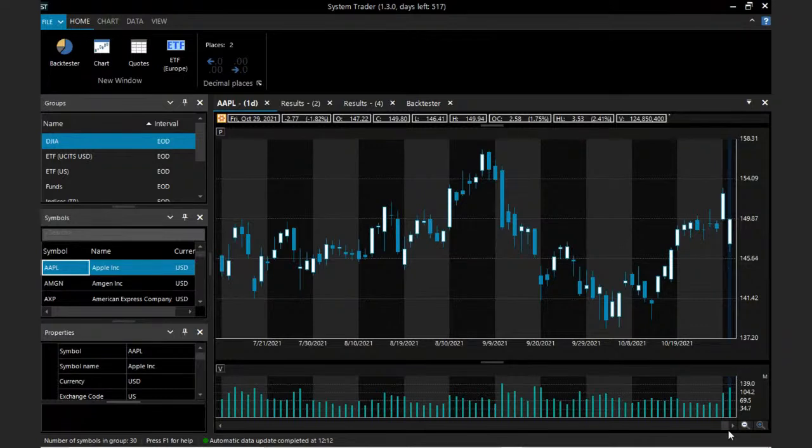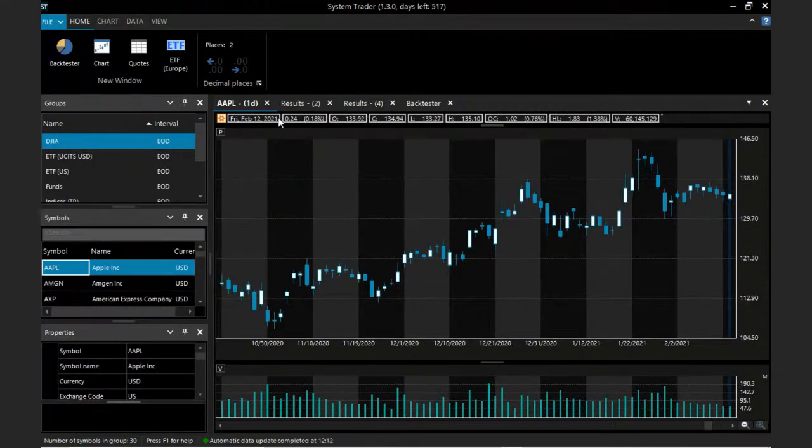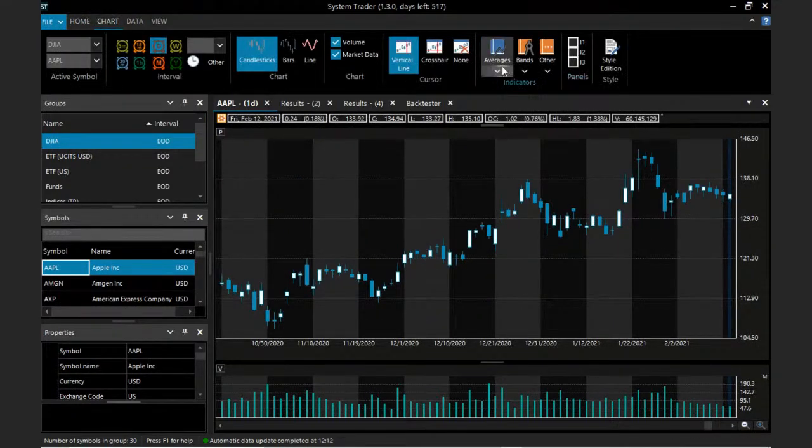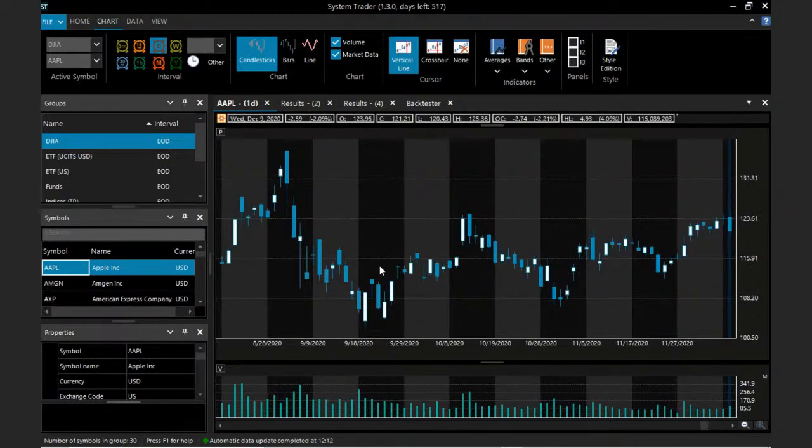And as I said, you have access to the data from the whole world, actually. So you can look at it here, play with it, and even apply some averages, bands, and so on. All this technical analysis toolbox is available here. So if you'd like to look at the data, you can do it as well. Not a problem at all.